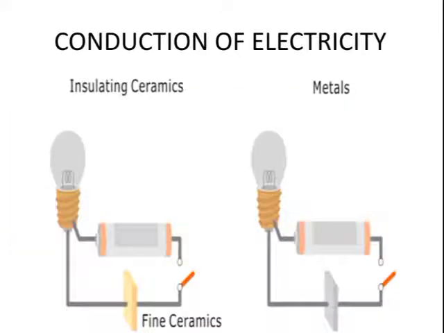Now let's see the next property, conduction of electricity. Metals are good conductors of electricity. Lead is an exception, which is neither a good conductor of heat nor a good conductor of electricity. So this is the property of conduction of electricity.